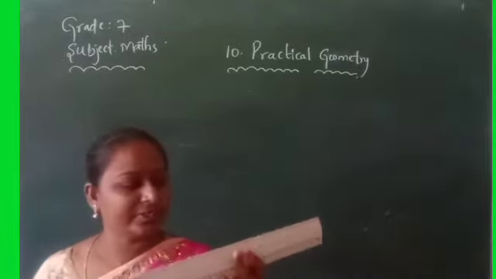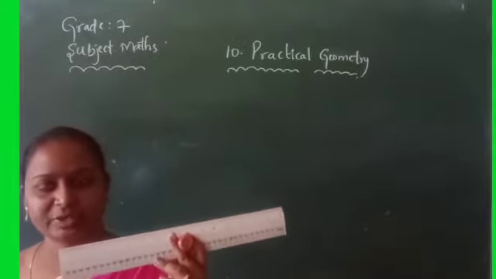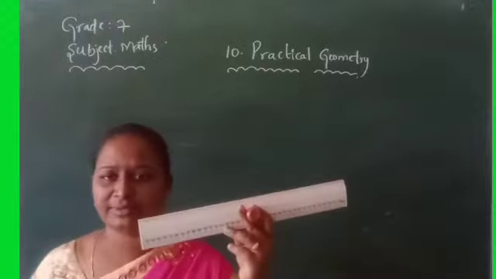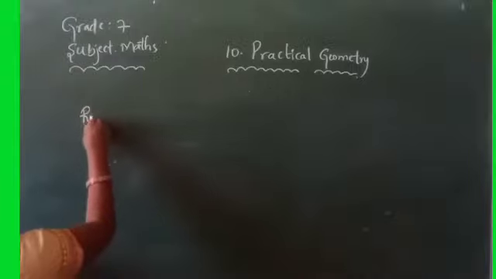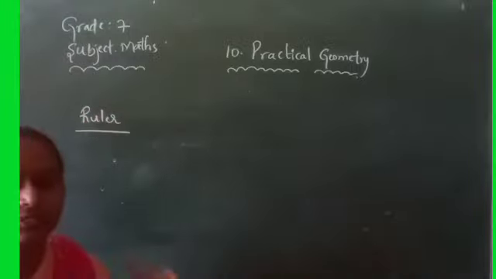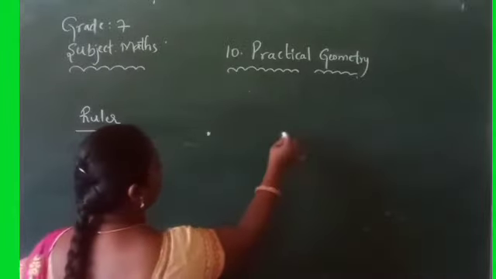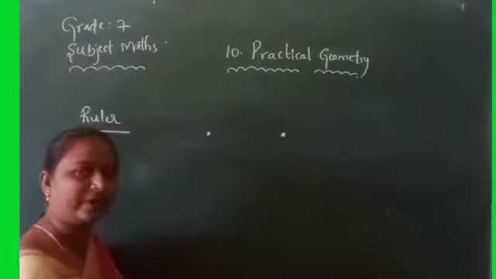It's a scale, but in geometry you have to use the ruler. So always use the ruler. The name of this tool is ruler. What is the use of this ruler? It is a point. If 2 points are there, how can you join these 2 points?